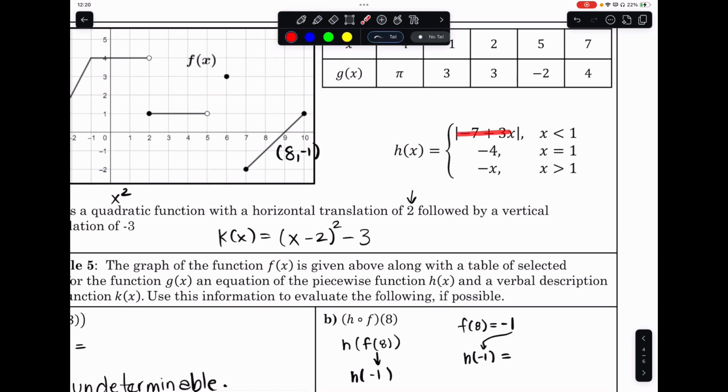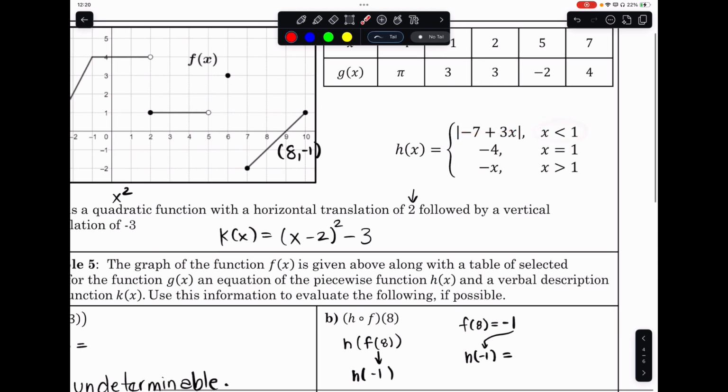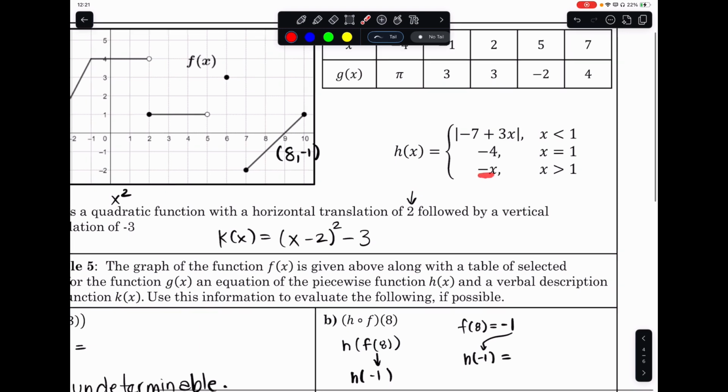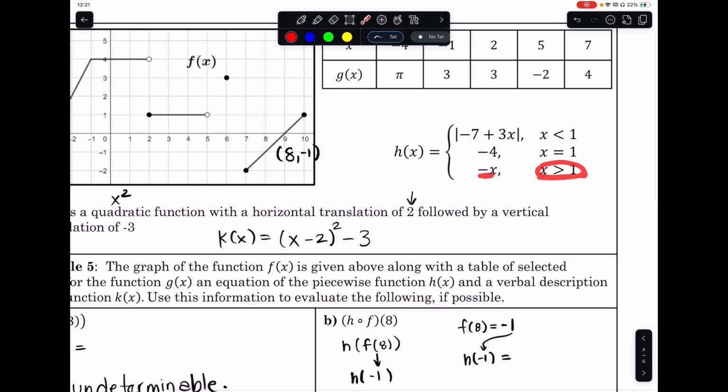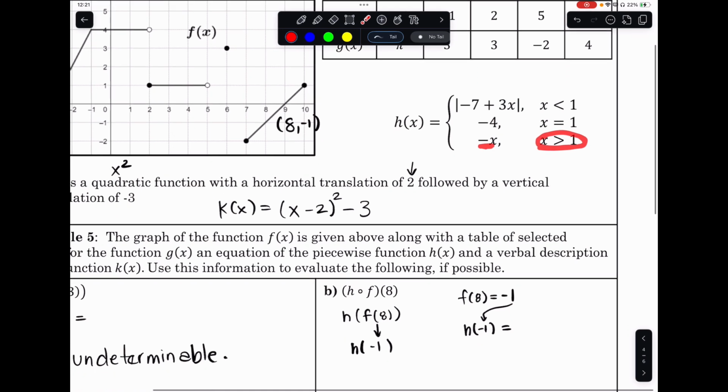We use the top piece when the number I'm plugging in is less than 1. h is equal to negative 4 if the value that I'm plugging in is exactly positive 1. And h is equal to negative x when the number I'm plugging in for x is bigger than 1. Well, the number I'm plugging into this function h is negative 1. So from the piecewise function, I would use the top piece since negative 1 is smaller than positive 1. So I'm going to plug into here.